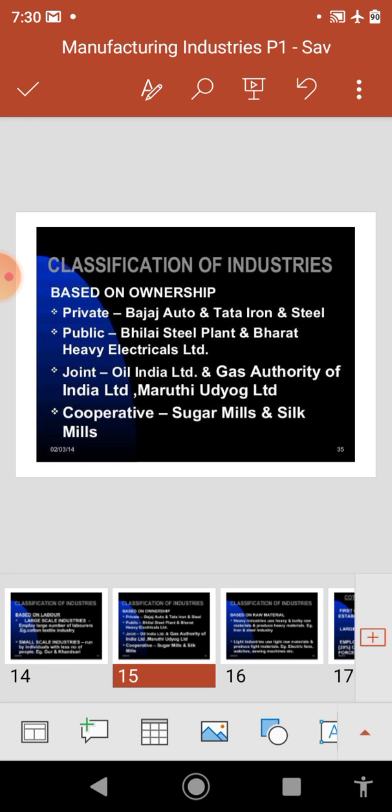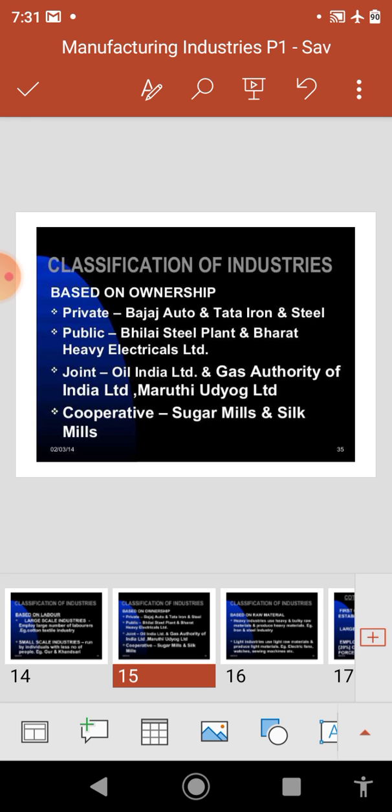Then public sector industries. These are the industries which are owned and managed by the government. We can take the example of Bhilai Steel Plant, Bharat Heavy Electricals Limited. Then joint sector industries. These are the industries which are jointly managed by the government and also private individuals or families.